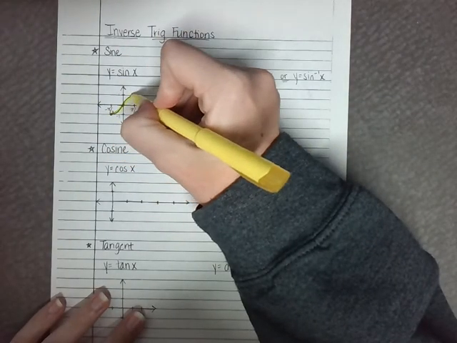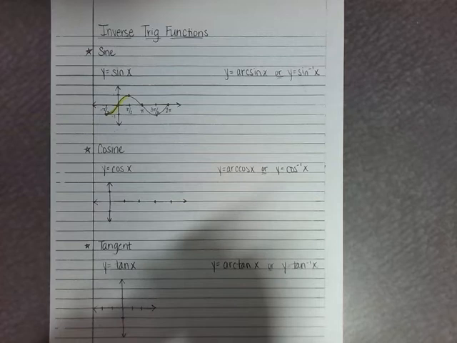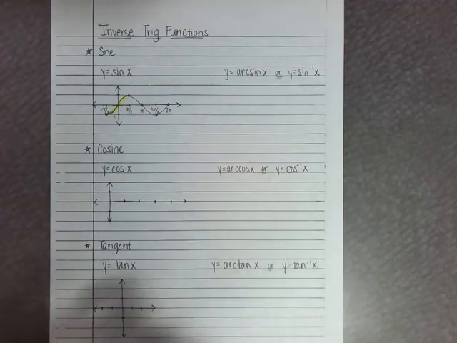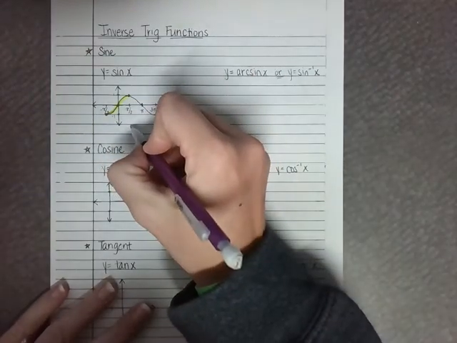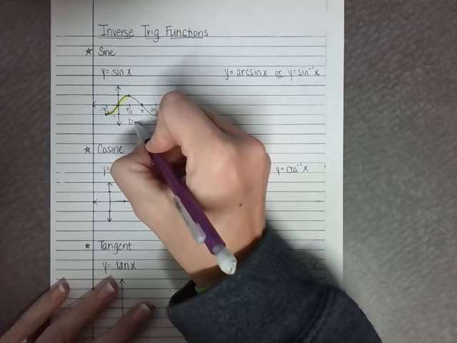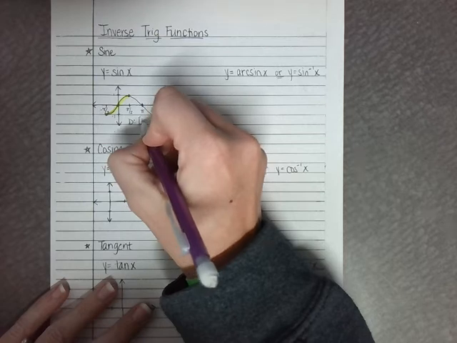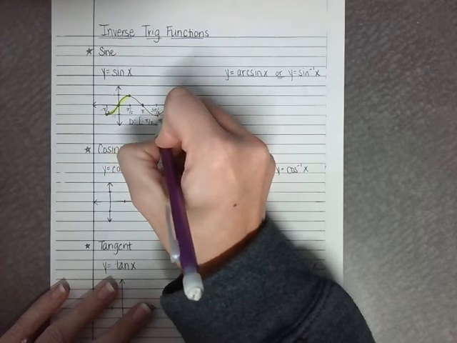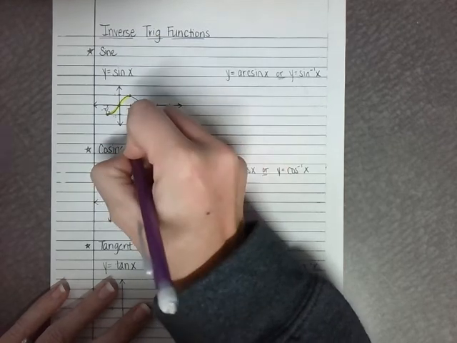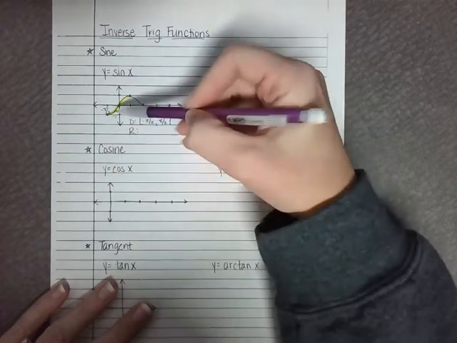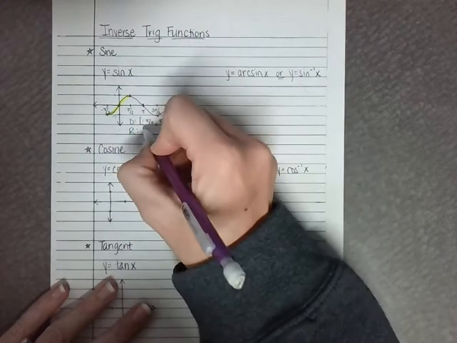So I'm only looking at that portion that I've highlighted. Okay, if we're only looking there, that makes our domain -π/2 to π/2, and that makes our range -1 to +1.